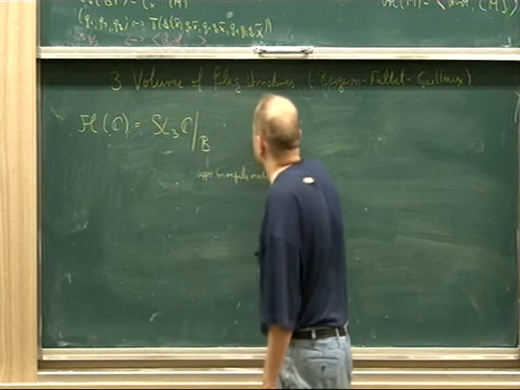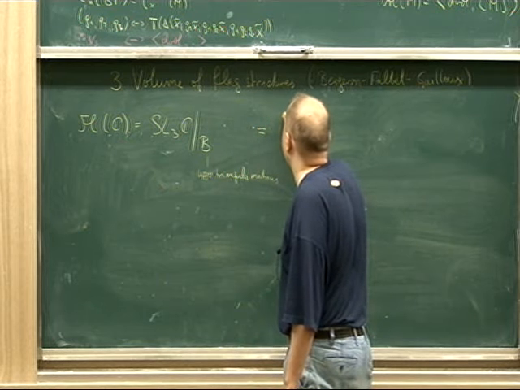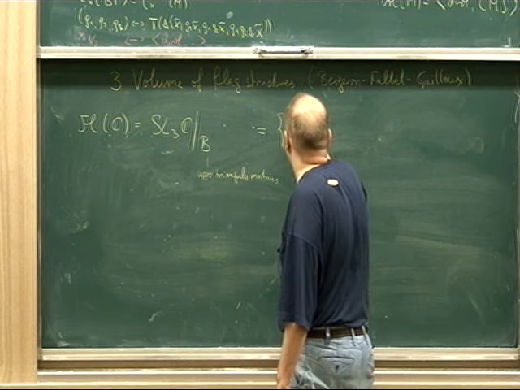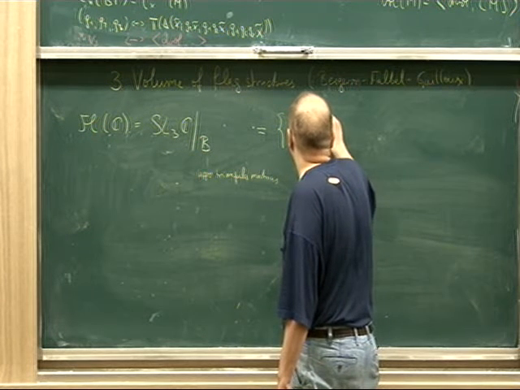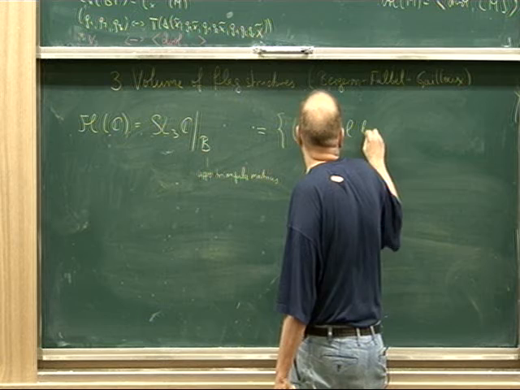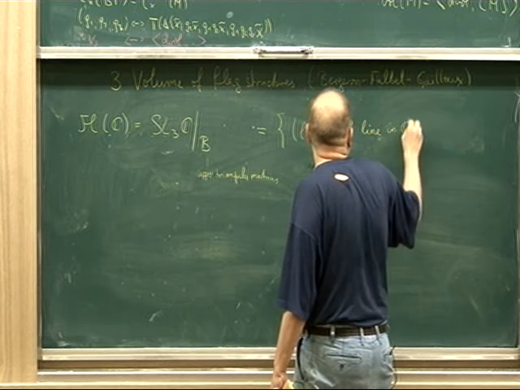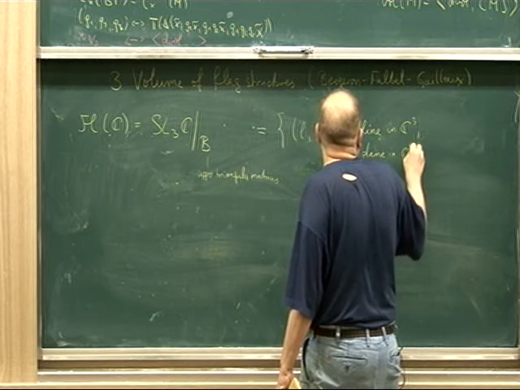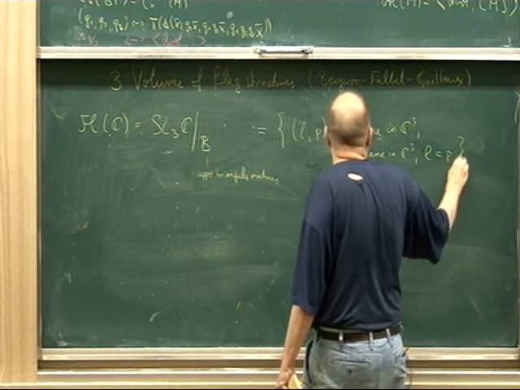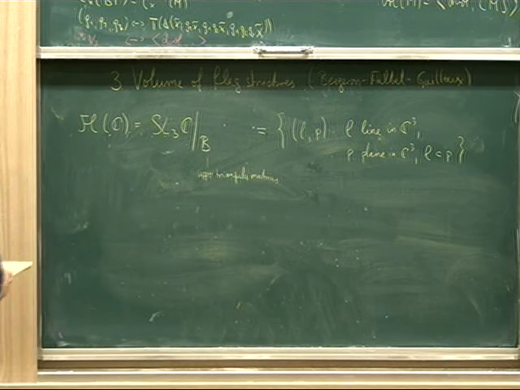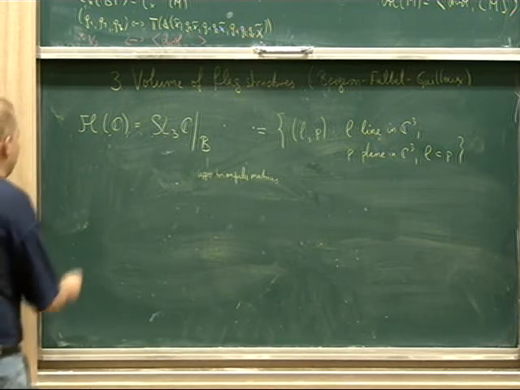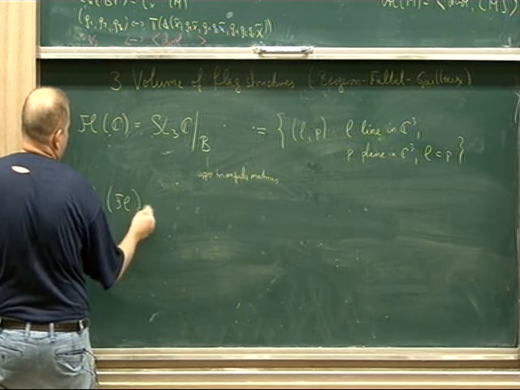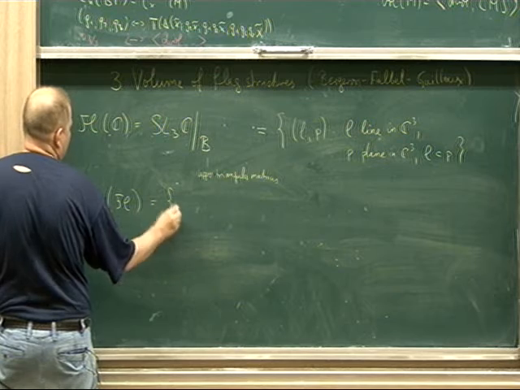This is the set of flags in C3: pairs (L, P) where L is a line in C3, P is a plane in C3, and L is contained in P. And they consider the set of tuples of flags.